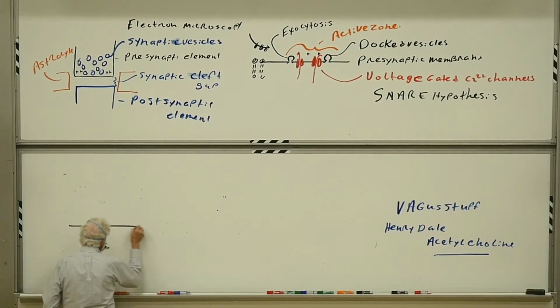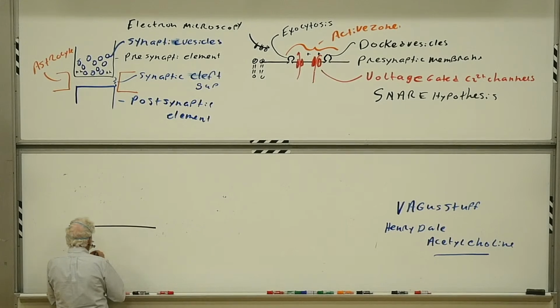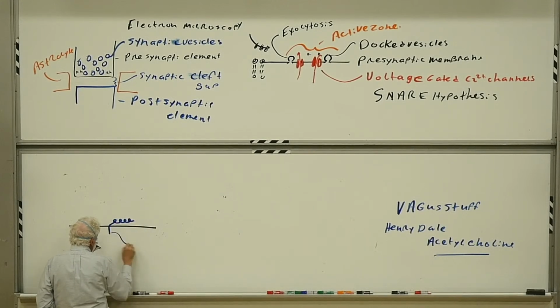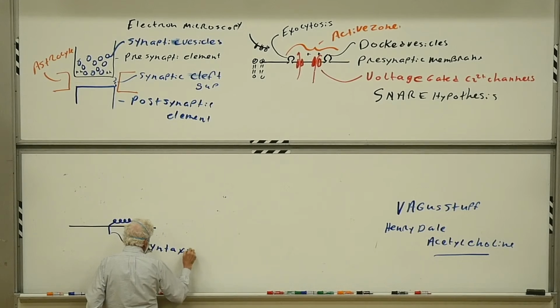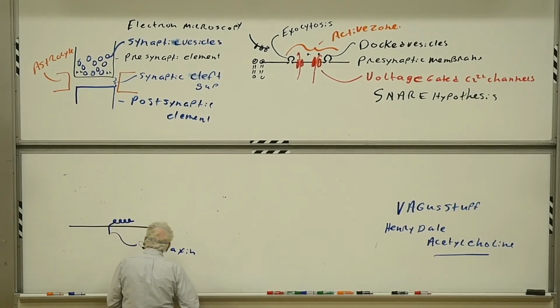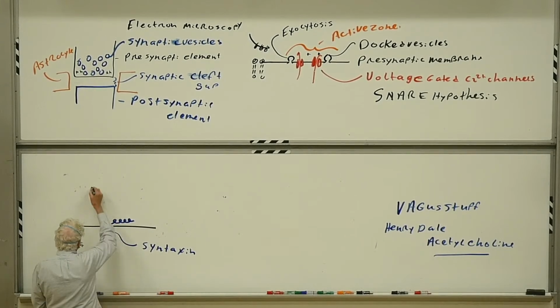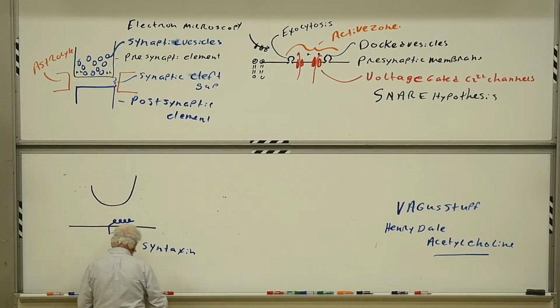Here's the plasma membrane. There's a transmembrane protein here. It goes across the plasma membrane and has an alpha helical region here. The name of this protein is called syntaxin. Then up here on the vesicle, there's another transmembrane protein. I'll put this one in orange.